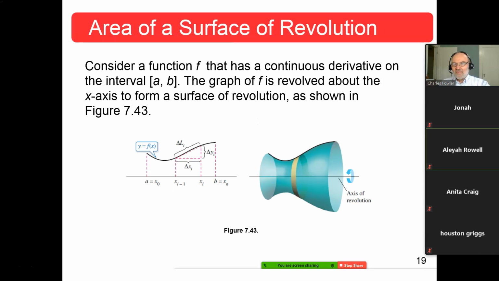Now, consider the function f, which has a continuous derivative on the interval a to b. Continuous derivative meaning there's no corners, no cusps, no angles, smooth curve, okay? So consider a function with a continuous derivative on that interval a to b.